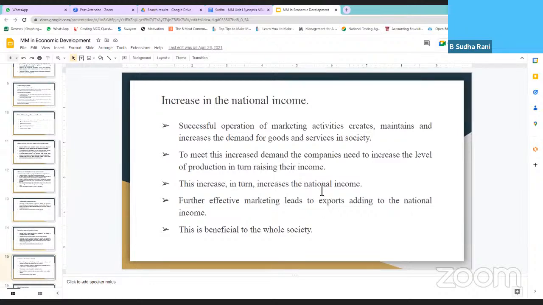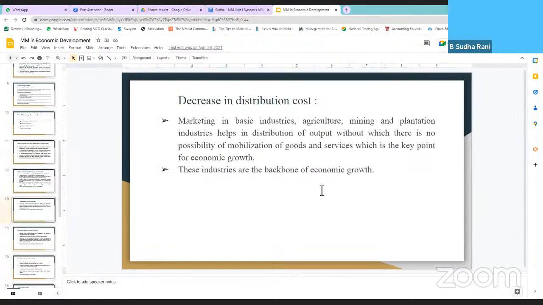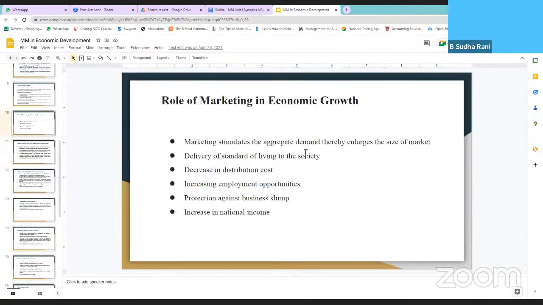See the order of what we said first. It leads to aggregate demand and increases the market size. When demand and market size increase, more consumers are coming forward to buy the product and spending. When they are spending, their lifestyles improve by spending on the latest gadgets and devices coming into the market.